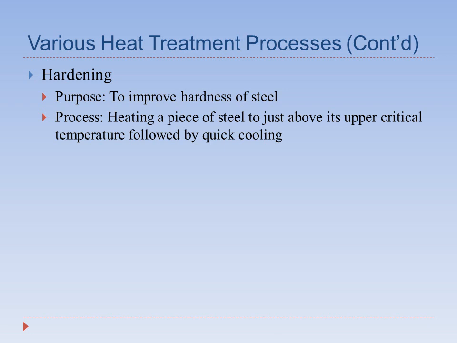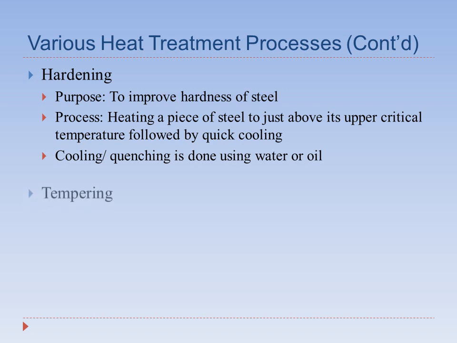I mean, we take very small amount of time to get the job piece cooled, and for that reason we require some cooling medium. So for cooling or quenching, we use water or oil, and in this way the job piece gets an increment in its hardness significantly.